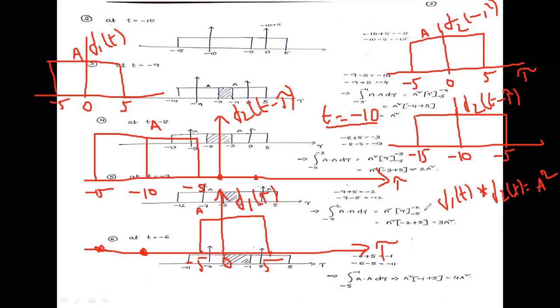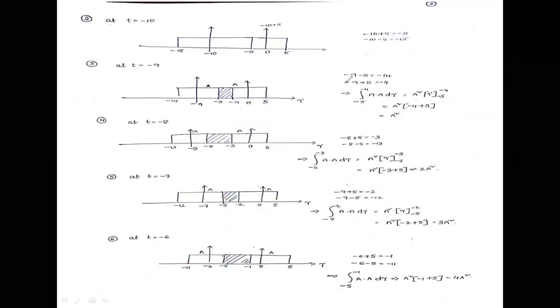So after multiplying, we get the A square only at minus 5. Got it, my dear students? See, this is the same thing: minus 15, minus 10, minus 5, 0, and 5. At minus 5 only, the overlapping occurs here. Exactly.